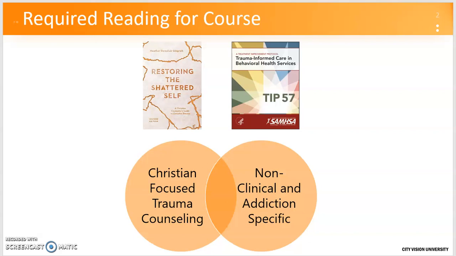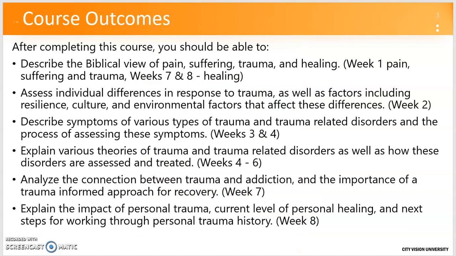We will see when we get into our treatment units that safety and stabilization are crucial first needs for individuals with a trauma background. And so providing that for someone who is not dealing with them in a counseling or clinical setting is a vital addition that fits our student population. So we've added this particular Tip 57 guide from SAMHSA for the second text of the course.